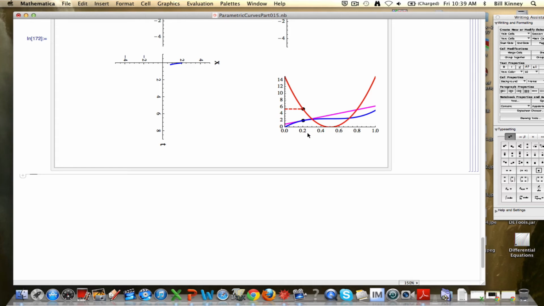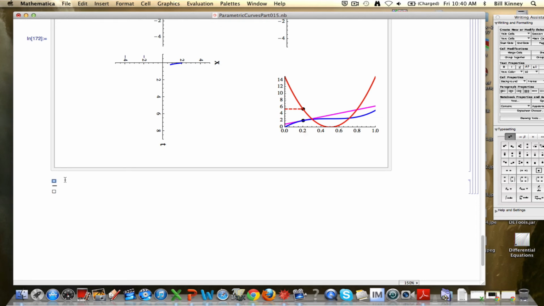Let's think of it in terms of rise over run. This point over here looks like it's at about the point 1, comma, well, it should be maybe 5.5 or something. And this point down here is at the point 0.2, comma, about 2 or so.